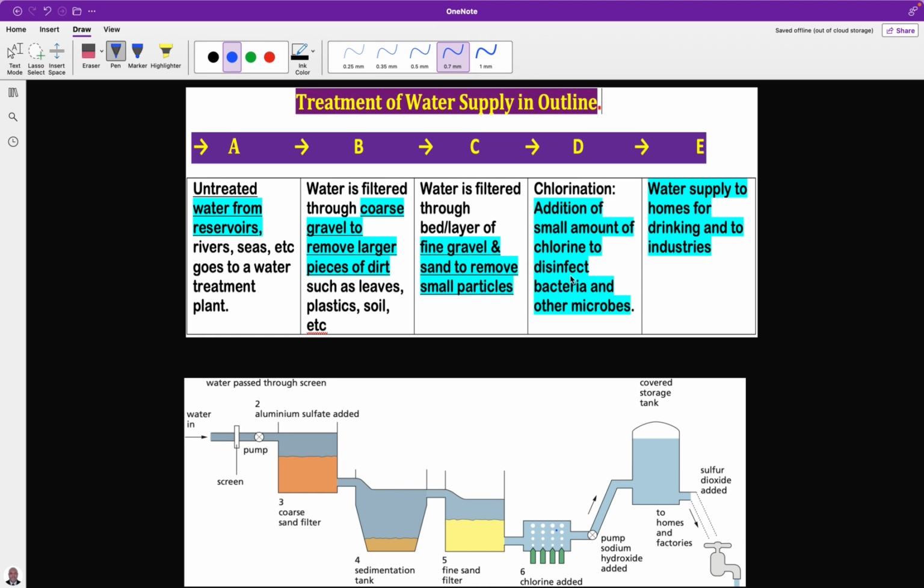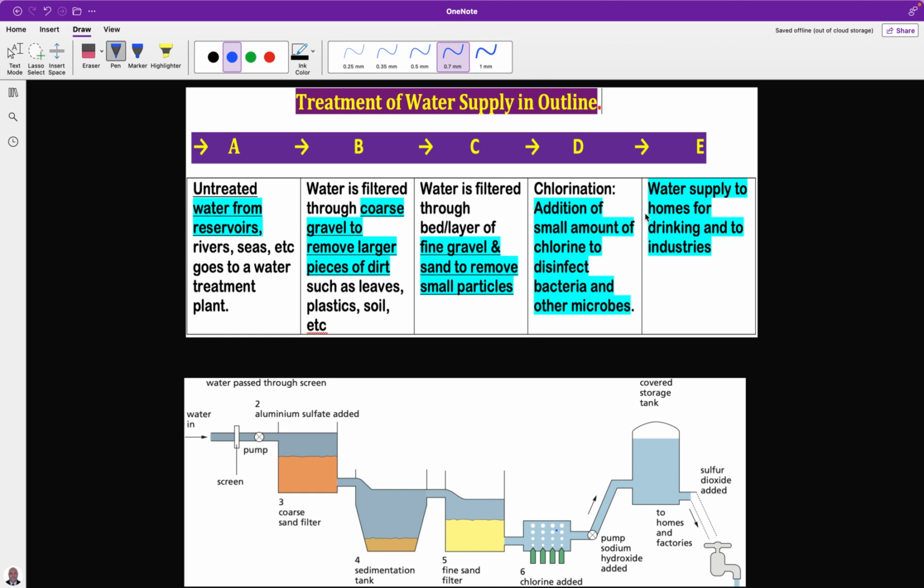Chlorine will disinfect them. Now, after the water has been disinfected, it is passed on to the general tank.